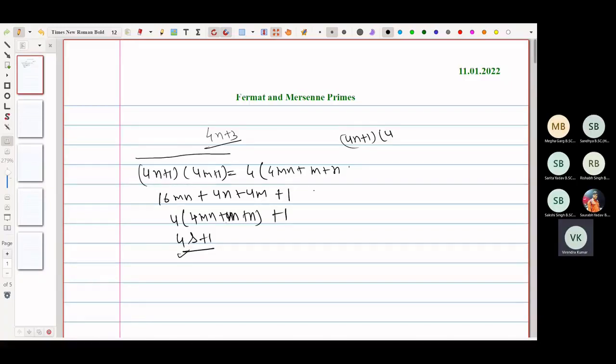So we used the same technique when we wrote n in the form 4q plus 1 or 4q plus 3.